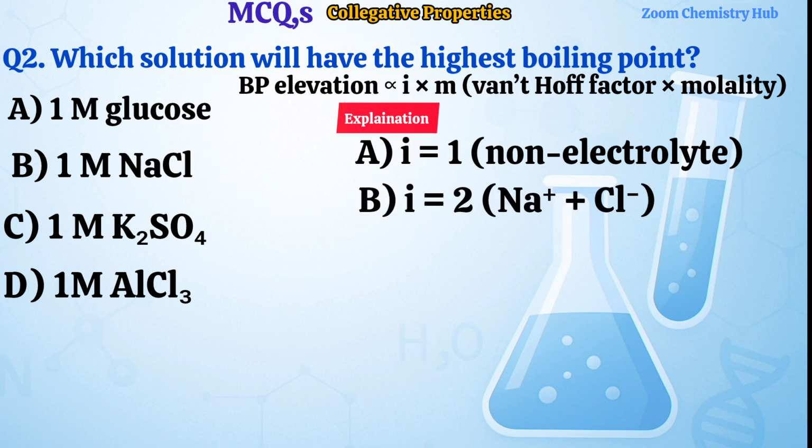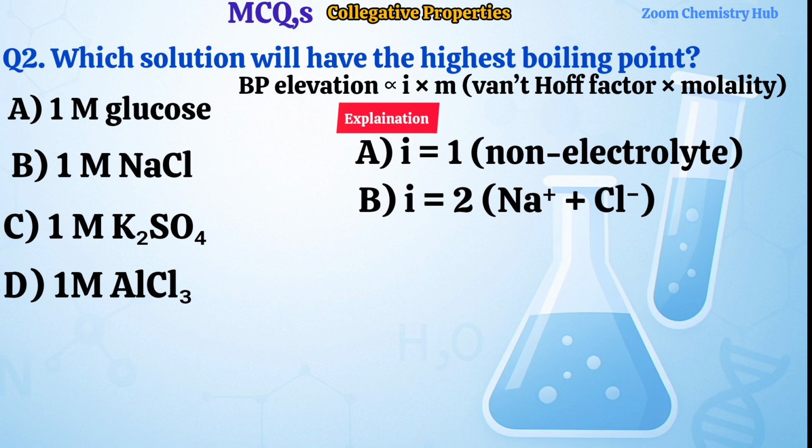Similarly, option B, 1 molar sodium chloride solution. When sodium chloride ionizes or dissociates into its ions, the dissociated ions are 2 in number. So here the i value is 2, that is 1 sodium ion and 1 chloride ion.